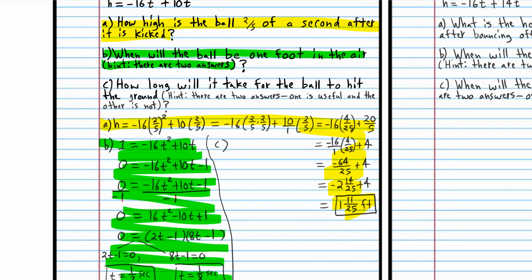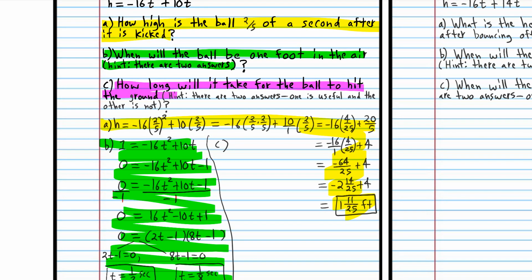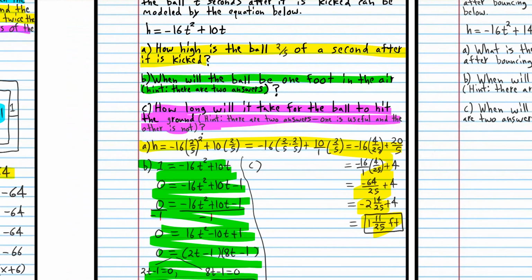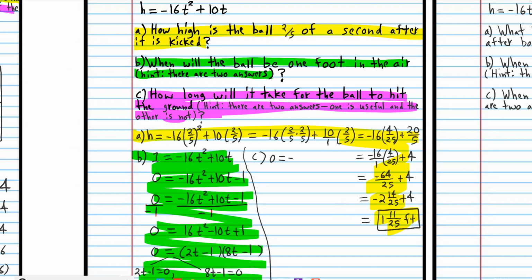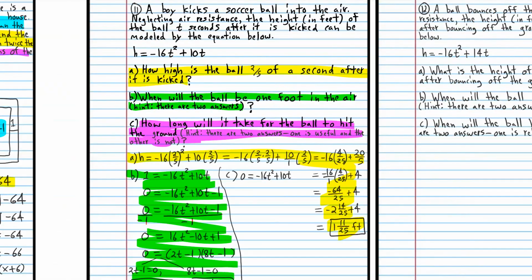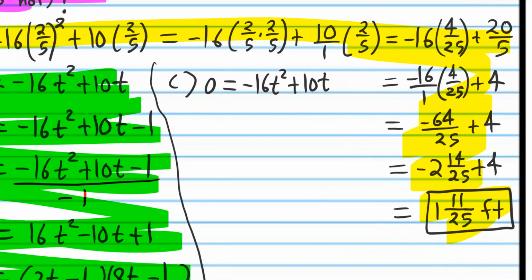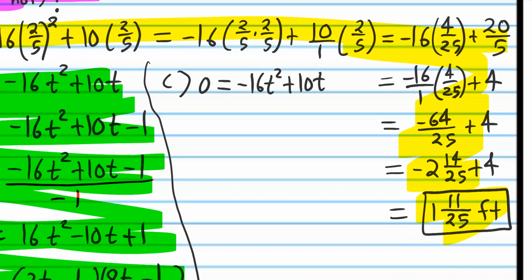How long will it take for the ball to hit the ground? So we're doing another ground problem, and there are two solutions, but one of them is going to be not relevant. You'll see what happens. So let h equal 0. And now we have to solve this equation, and a lot of students really get confused by this special situation.